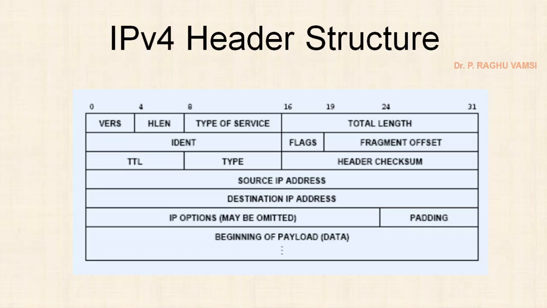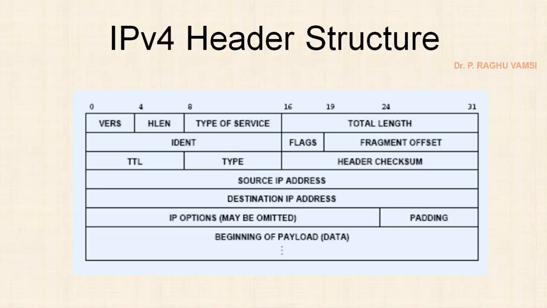And header length. The header length is, in general, 32 bit. Normally, it will be indicated as 5. 5 means 5 words of 32 bits, so around 20 octets will be assigned for this.